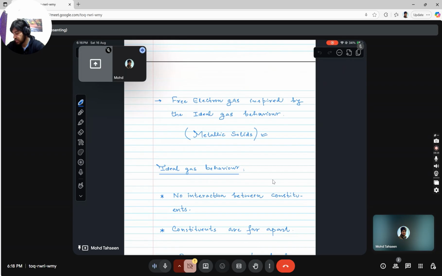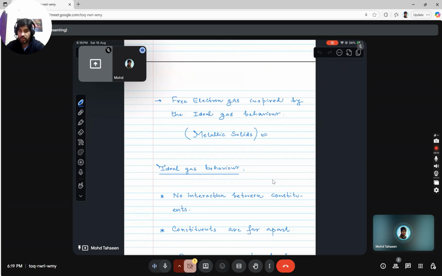So there's a difference of 3 orders of magnitude between these two numbers, and electrons are at most 1,000 times more densely packed than what we typically assume for an ideal gas. So we have to be careful in using this ideal gas approximation for the electrons.